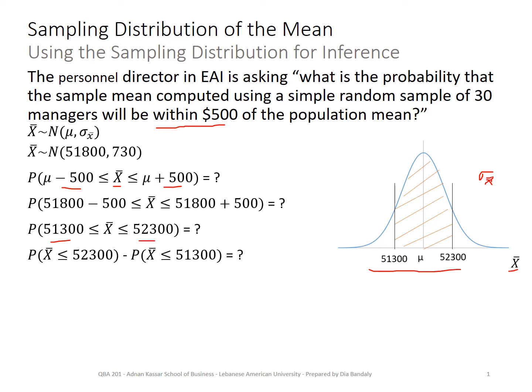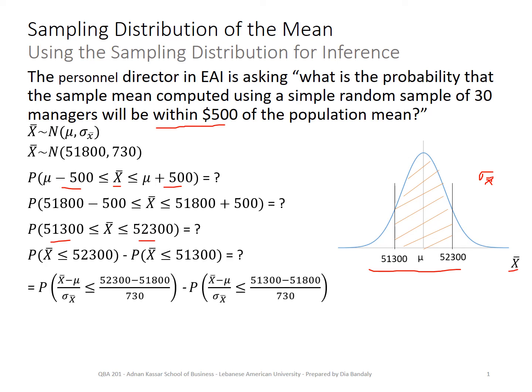So we'll do that to standardize. And here we go. On the left-hand side I have only notations, but on the right-hand side I have real values. This is the value for an X bar, a specific value. This is the mean, and this is the standard deviation, which we know.